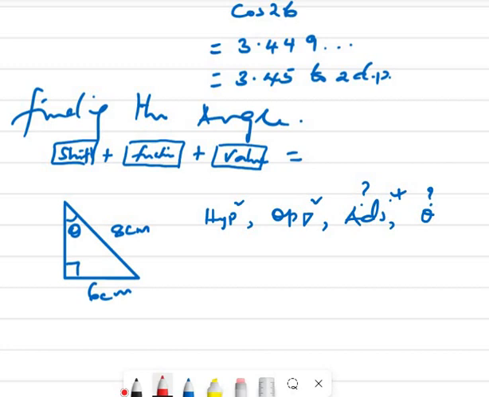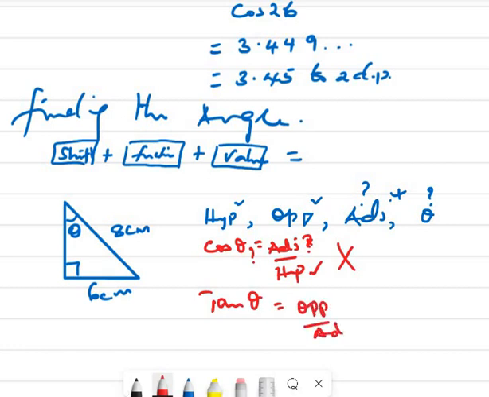When you check the cosine function, cos theta would call for adjacent over hypotenuse. We miss this, we have this. So this one will be inapplicable because we have two unknowns. When you check for the tangent, you will see that it will call for opposite over adjacent. We miss the adjacent, so this one won't work.